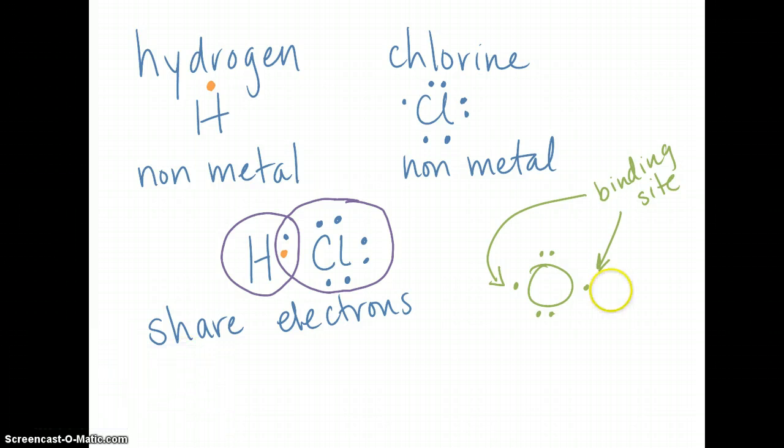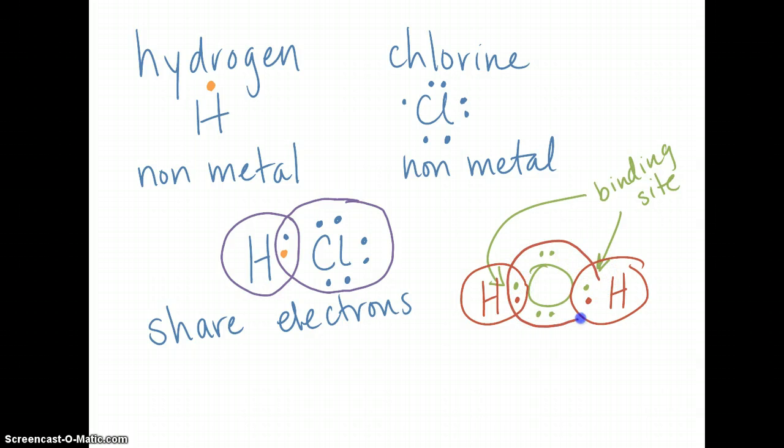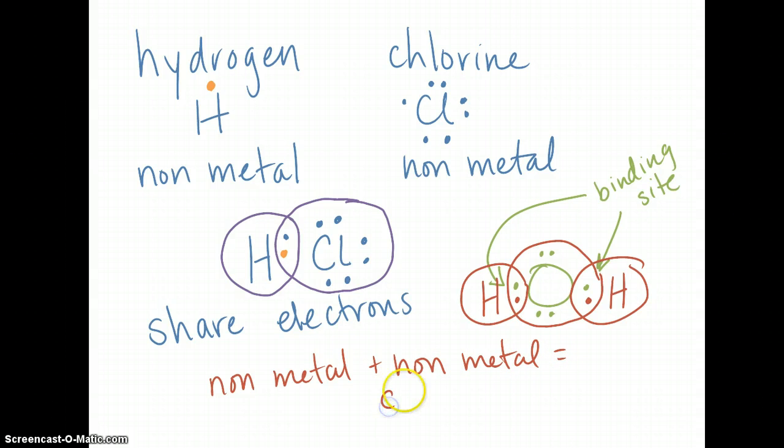And we'll have oxygen be red. Hydrogen be red. All right, same story. Here, 2 hydrogens that have 2 electrons. They're happy. And this oxygen, on the other hand, has 8 electrons. So it's happy. When you have a non-metal combining with a non-metal, it is called a covalent bond. And that takes care of it.